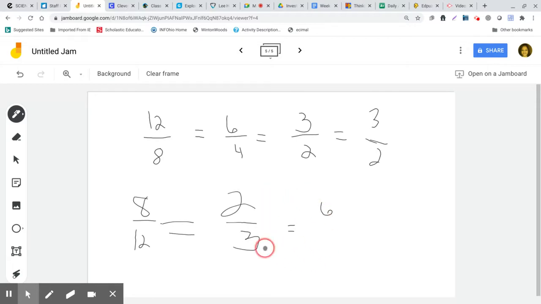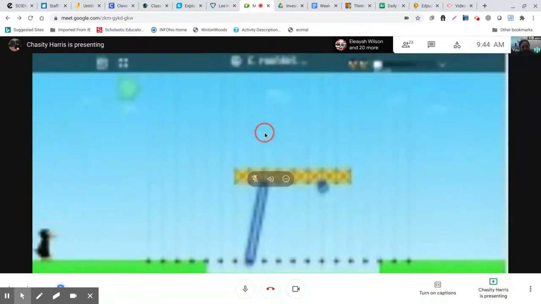It's a 2 to 3 ratio, so then the denominator is 3. So what's 3 times 3? 3 times 3 is 9. All right, so the equivalent fraction is 6 to 9. So go ahead and hook it on 9. Very good. Hit the arrow.